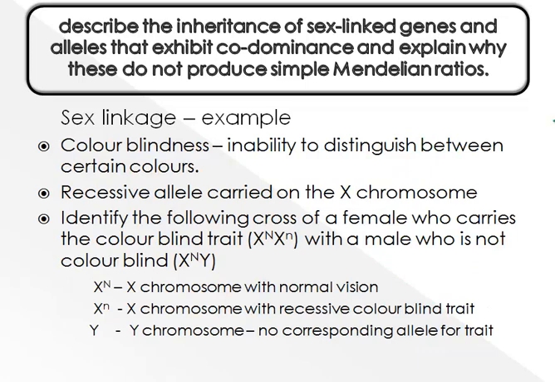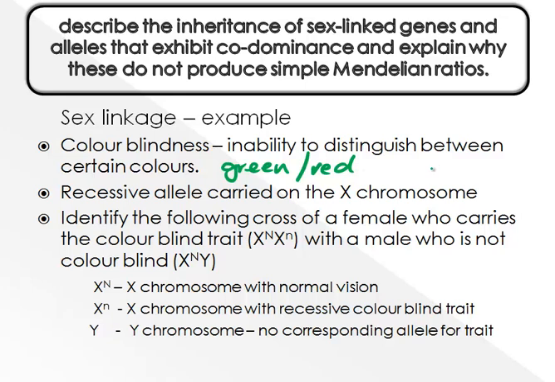Let's look at an example of sex linkage. As we looked at before, color blindness is an example of a sex-linked gene, and there's an inability to distinguish between certain colors. It might be the inability to distinguish between red and green.